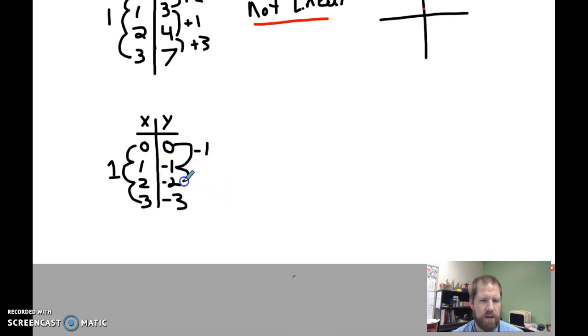And then it goes down to -2, that's another -1, down to -3, so it decreases by 1 again. All right, that's fine. We can have a decrease. This just means we have a negative slope. All right, but that doesn't mean it's not linear. Okay, we still have a constant change, okay, a constant rate of change, and our slope is the same, so this is also a linear equation.